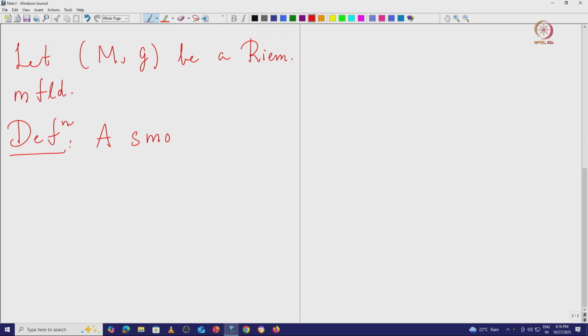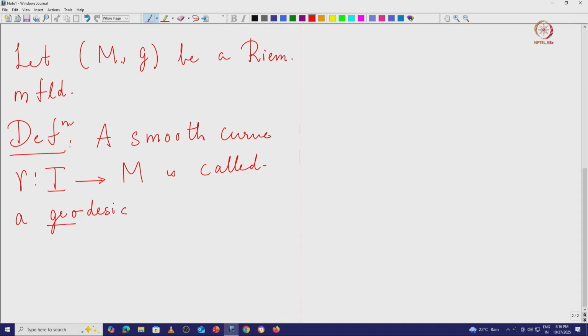A smooth curve gamma is called a geodesic if dt gamma dot is identically 0. Okay. That is, gamma dot is a parallel vector field along gamma. Okay.